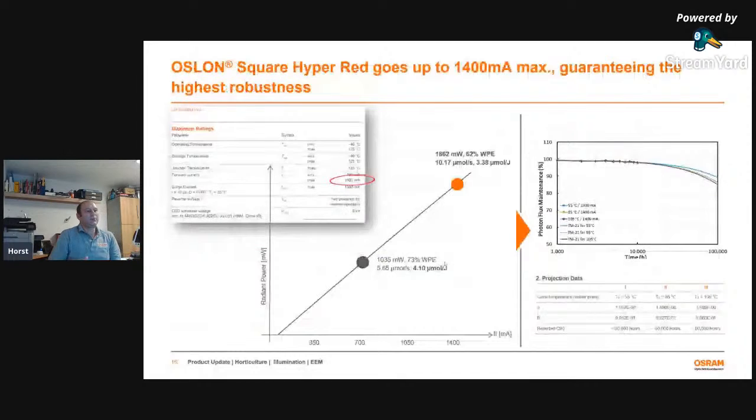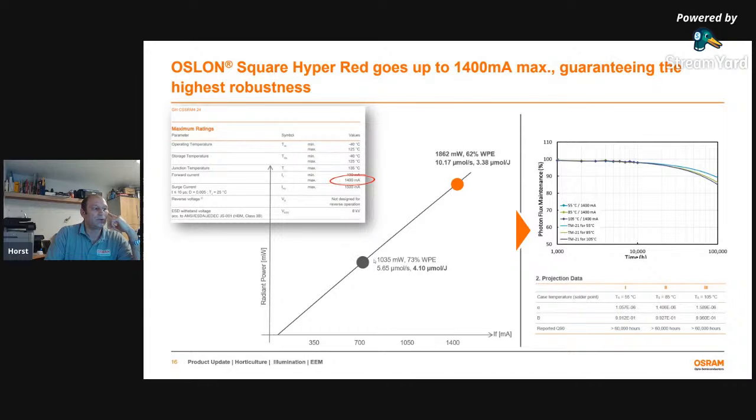Then it's up to, like I mentioned before, the micromole per joule, the efficiency of the LED. Now you can see we have here a handy number, we can remember it. If you operate an LED at a lower current, or a nominal current in our case here, then you might get 4.10 micromole per joule.